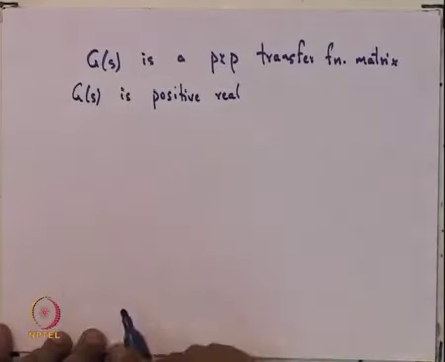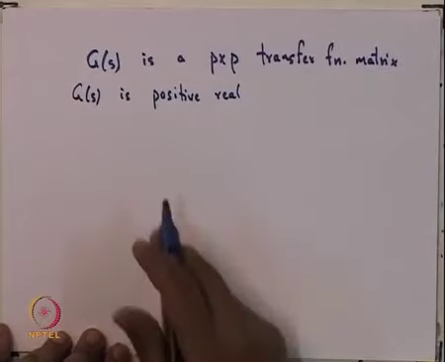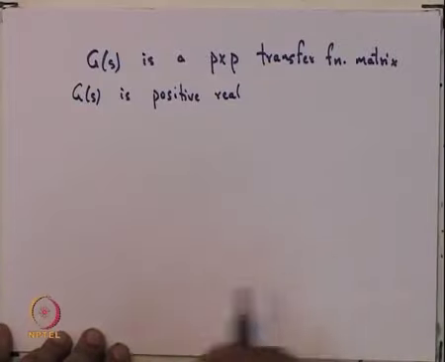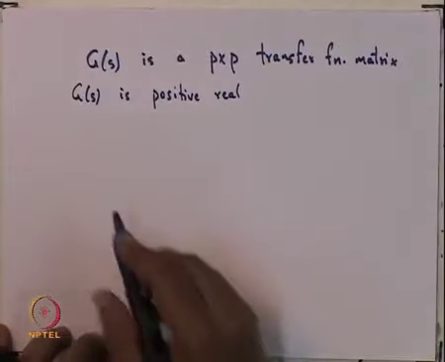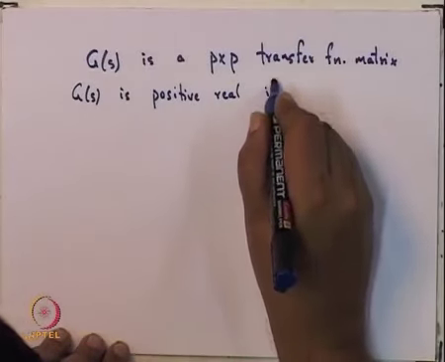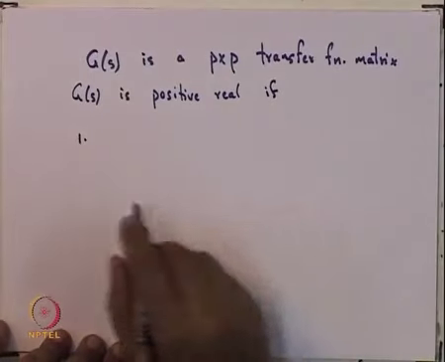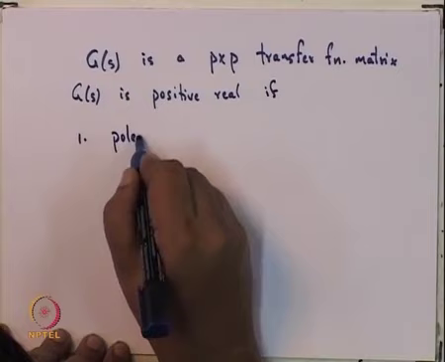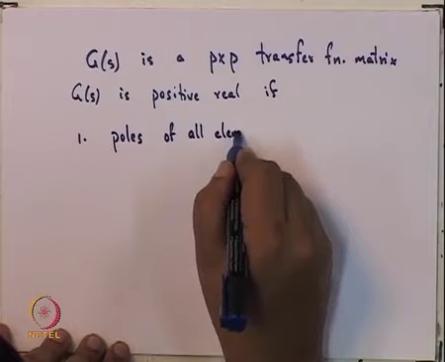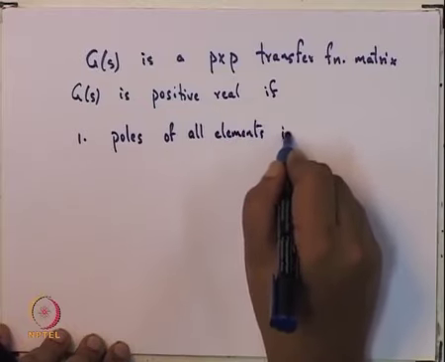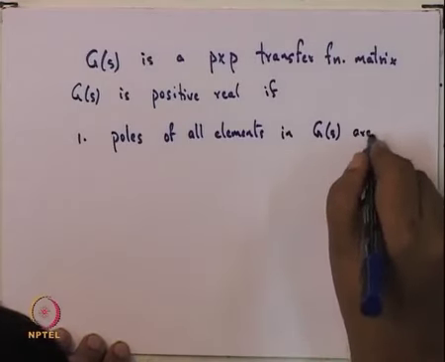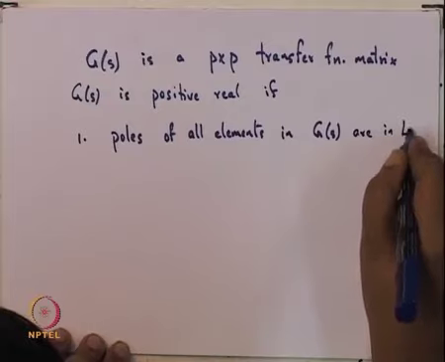Just like what I said in the 1D case, here also in the multiple input multiple output case there could be other opinions, but I am just sticking to this for now. Okay. G of s is positive real if, number 1, the first condition is that poles of all elements in G of s are in the left half plane.